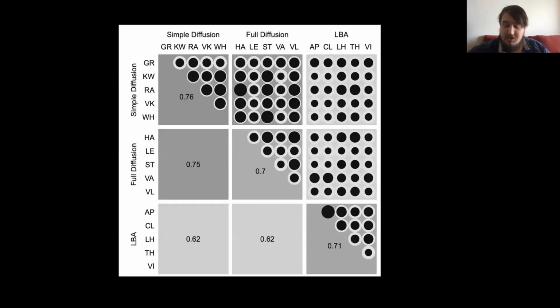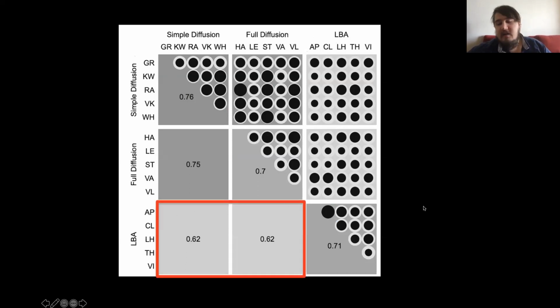The second plot, which is also very noisy, but hopefully gets some of the point across that I'm trying to make here, is that they also looked at the correlation between approaches. Each bubble is the correlation between teams, but the key thing to look at here is that you've got groups that did simple diffusion, groups that did full diffusion, and groups that did LBA.